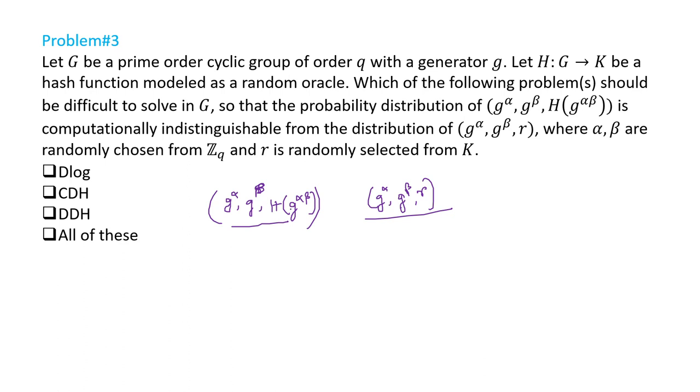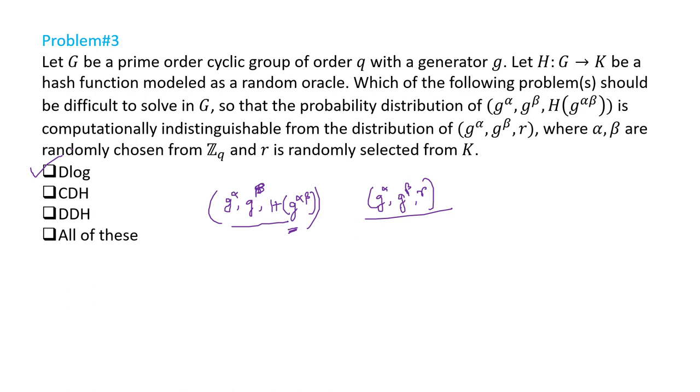The hash function is modeled as a random oracle, so it can query the random oracle with g to the power alpha beta and get the value of h of g to the power alpha beta, and then simply check whether that value returned by the random oracle is equal to this third component or not. If it is equal to the third component, then it is seeing a type 1 sample, otherwise it is seeing a type 2 sample, correct? So discrete log needs to be hard.